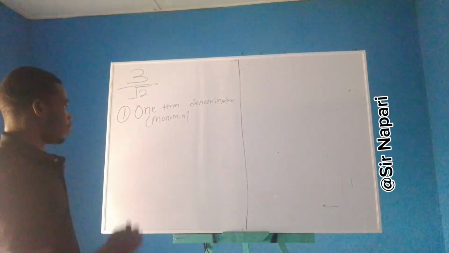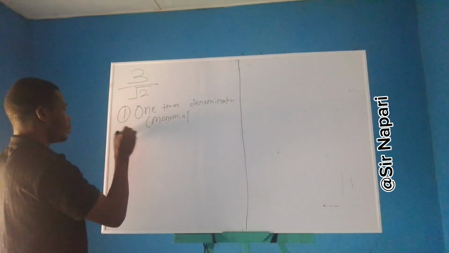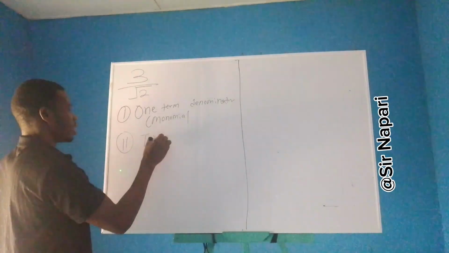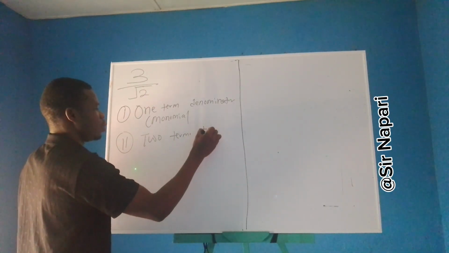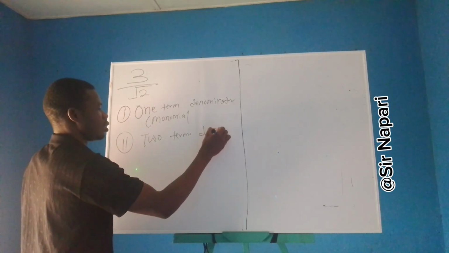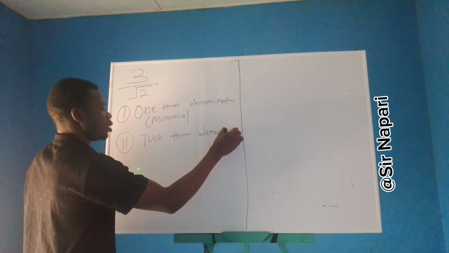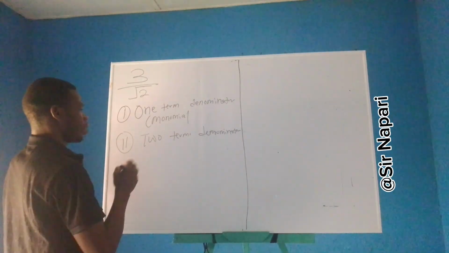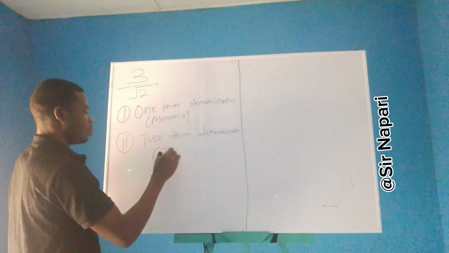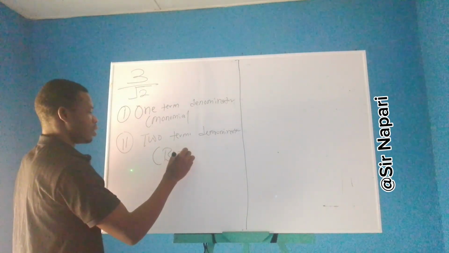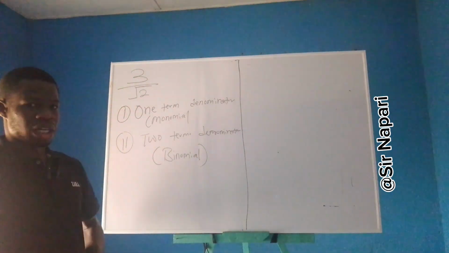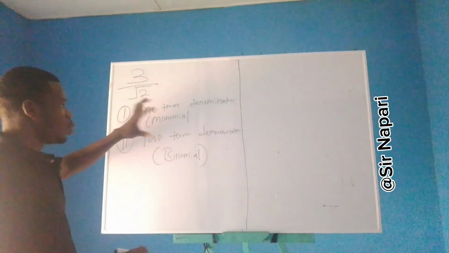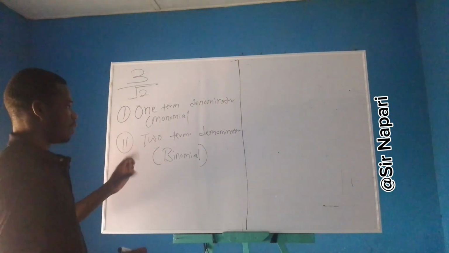The second one is called the 2-term denominator, called binomial. So basically, these are the 2 types of denominators we have.